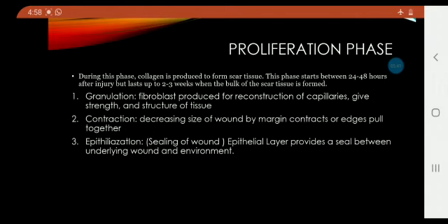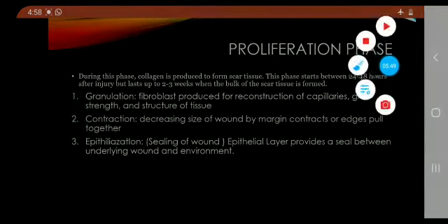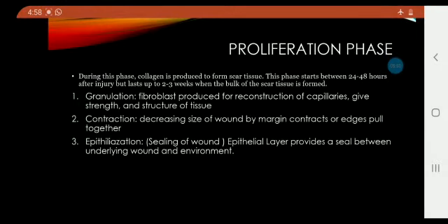Proliferation phase. In this phase, collagen is produced in order to develop scar tissue. Proliferation phase is divided into three parts. First is granulation phase, second is contraction phase, and third is epithelialization phase.